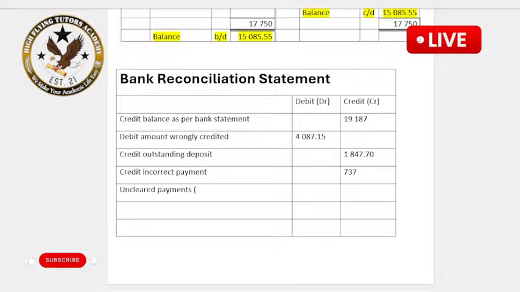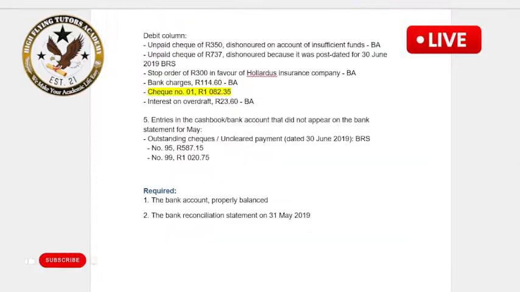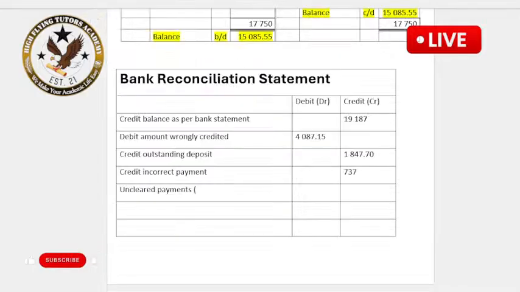So let's just go there. We've got these payments that are not cleared. We are going to clear them, okay? So let's go to our answer sheet quickly and clear these payments, right?